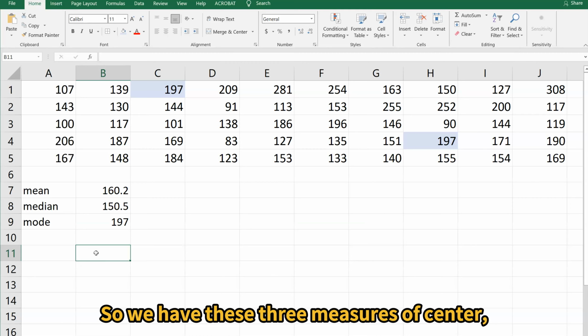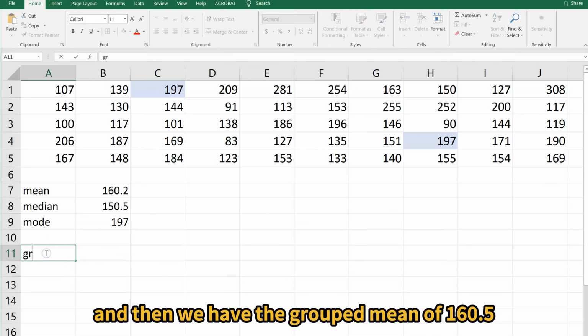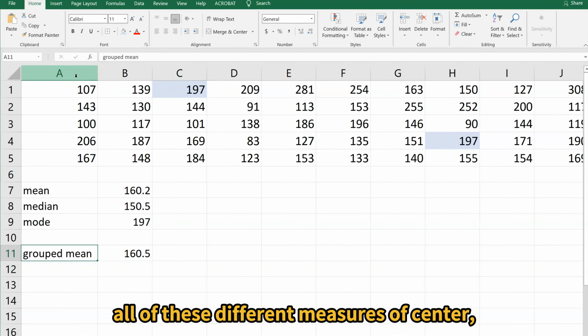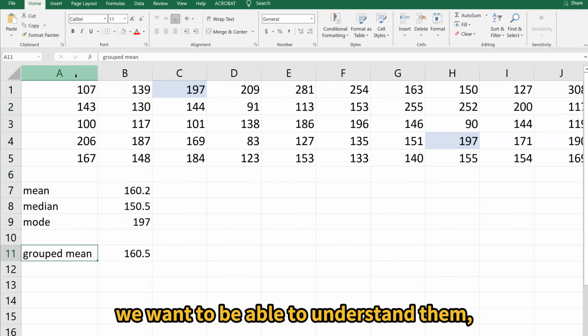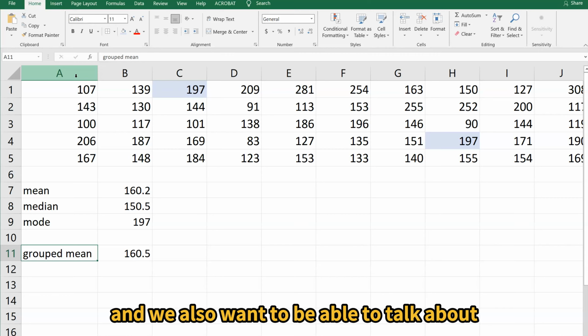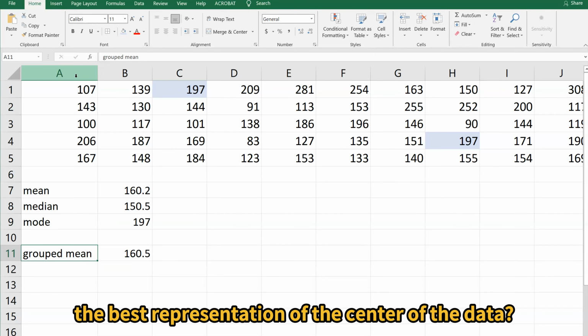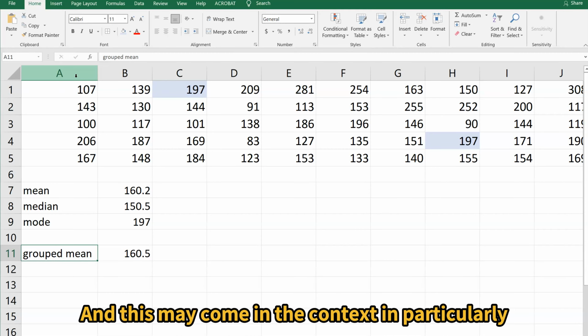So we have these 3 measures of center, and then we have the grouped mean of 160.5. And the idea here is when we have all of these different measures of center, we want to be able to understand them, and we also want to be able to talk about which one is considered the best representation of the center of the data.